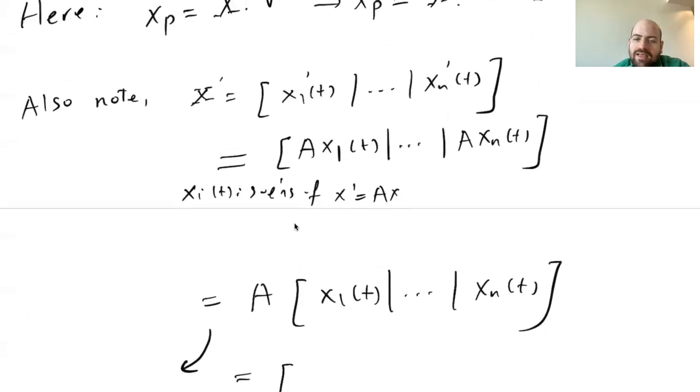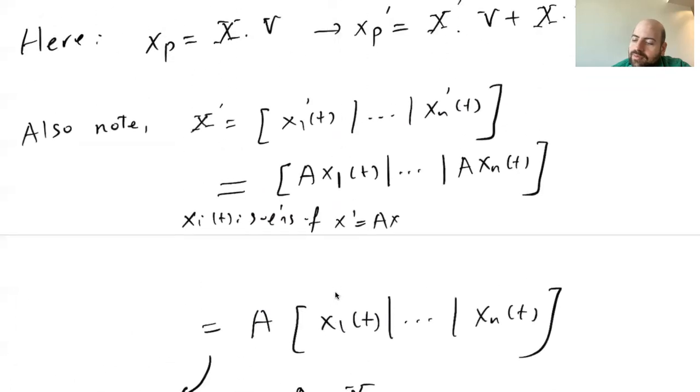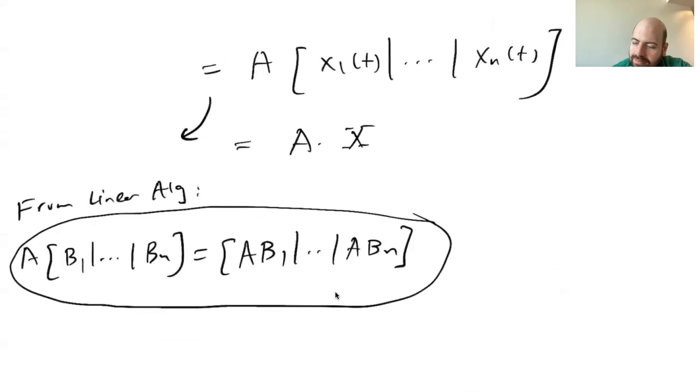So here we had Ax1 to Axn, and we could write it as A times this matrix x1 to xn. And x1 to xn, we already defined as capital X. So we can write it as A times capital X. So we showed that capital X prime is the same as A times capital X.